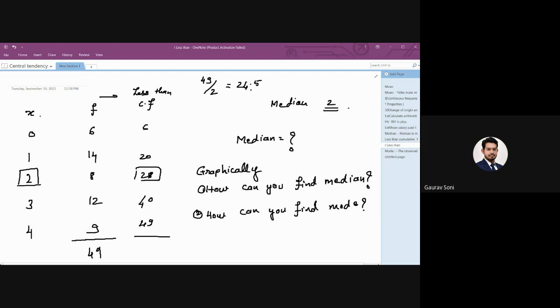Okay, so this is how you find the median using cumulative frequency for a discrete frequency distribution. You can see that this is just an extension of your basic definition of median. In median, you arranged all of them in increasing or decreasing order and then looked at the middle entry.